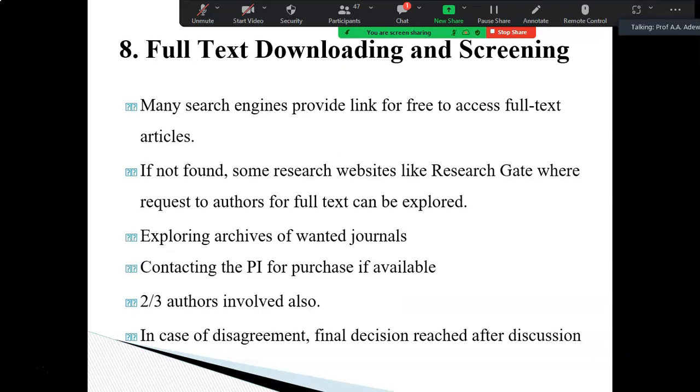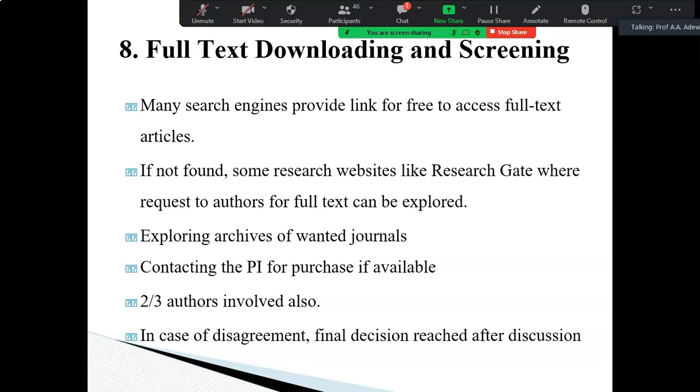Then the next is full text downloading and screening. Many search engines provide links for free to access full text articles. If not found, some research websites like ResearchGate, where we can make direct requests to the authors for full text, can be explored. A number of times when we go to ResearchGate, we can actually have direct contact with the author of that paper, and I'm sure by the time we write and let the person know why we want the paper, he or she will be readily available to send the full text articles to us.